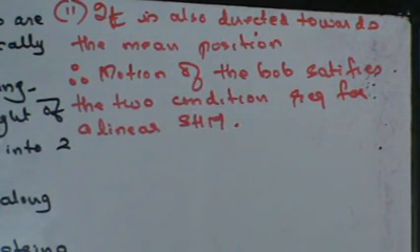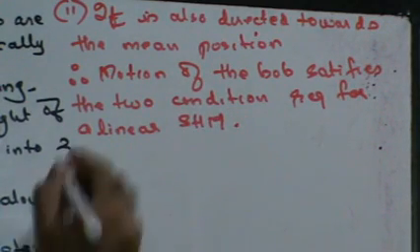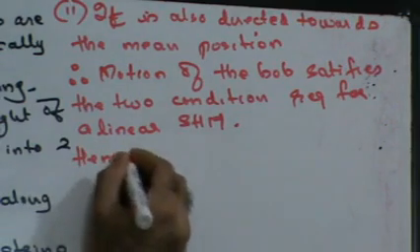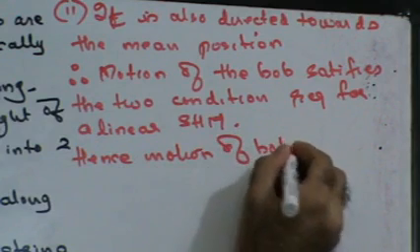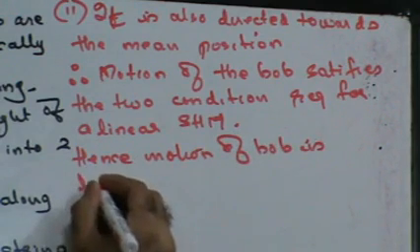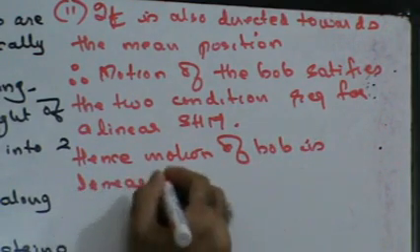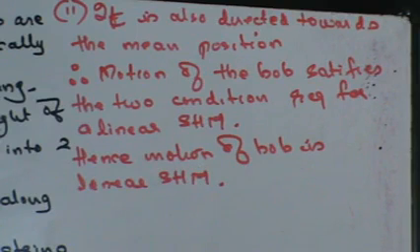Hence, the motion of the bob is a linear SHM. That's how you prove that a pendulum is a linear SHM.